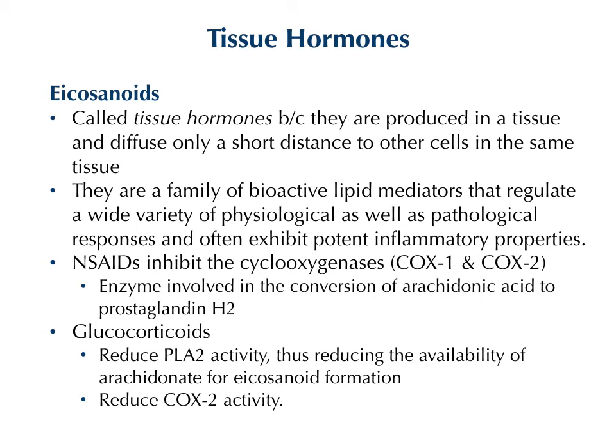And as I said, potent inflammatory mediators. Okay? And we take NSAIDs to inhibit their actions. NSAIDs are things like ibuprofen, maybe Anaprox. What is the trade name for Anaprox? Aleve. Those are examples of NSAIDs.